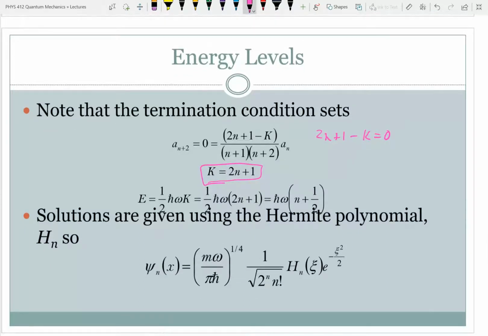And K is related to our energy. I believe K was equal to 2E over h bar omega.